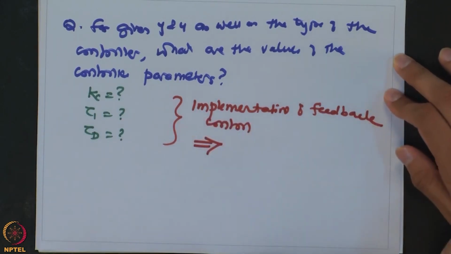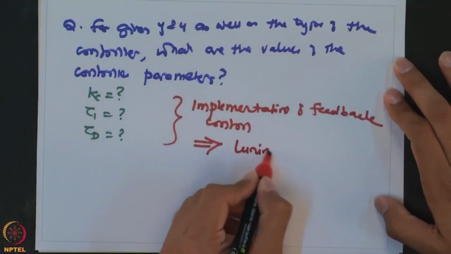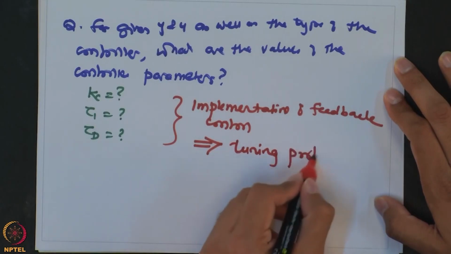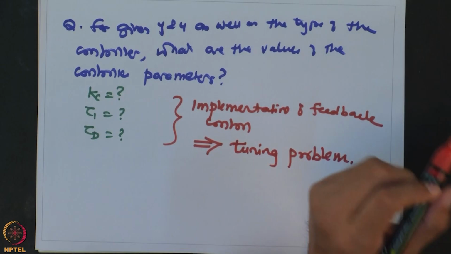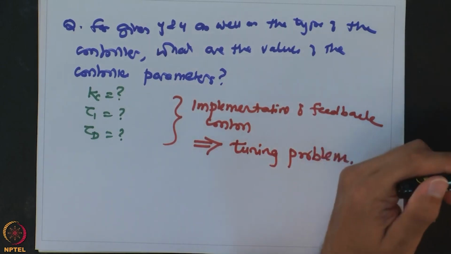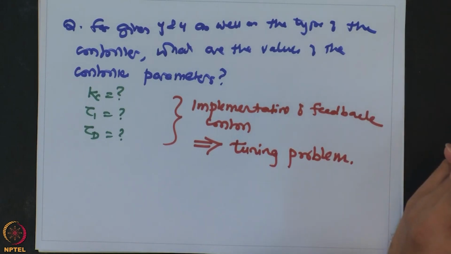So once we have the values of these controller parameters, we can punch those into the control system, and the final feedback control system will be ready to go. This particular problem is known as the tuning problem. When we solve all these three problems, that means we have completely designed the feedback control system.